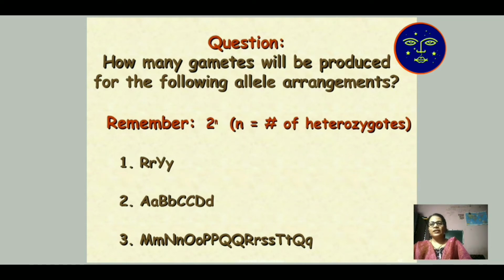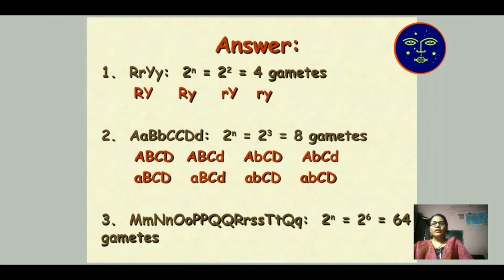If he takes capital R, small r for round and wrinkled, and capital Y, small y for the pod color, yellow and green, so in this law of independent assortment he took a number of characters simultaneously and gave the result.